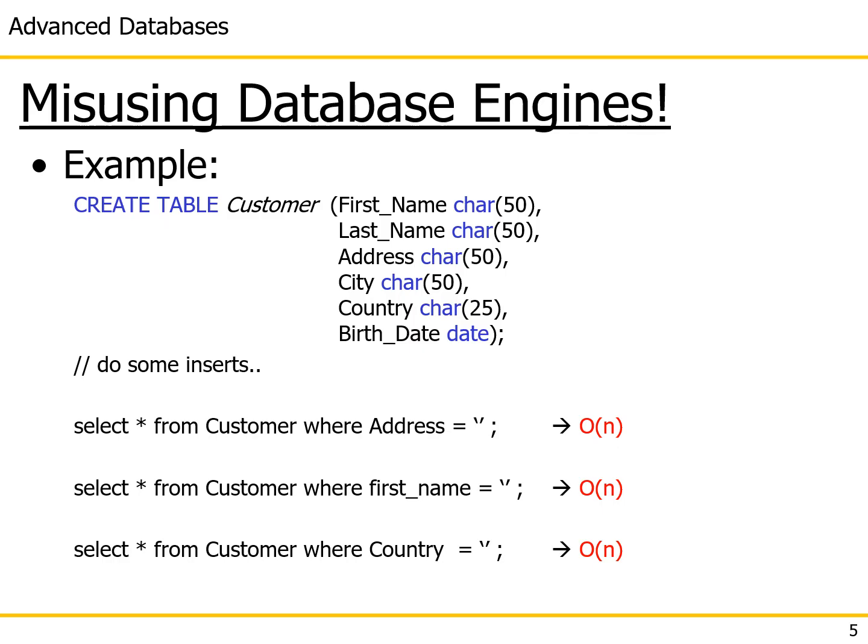The difference between a customer table of 100 rows and a customer table of 10 million rows, given an O(n) performance, will differ significantly. Consequently, we use database engines when we are trying to store lots and lots of information. And with lots and lots of information, O(n) is simply not acceptable.